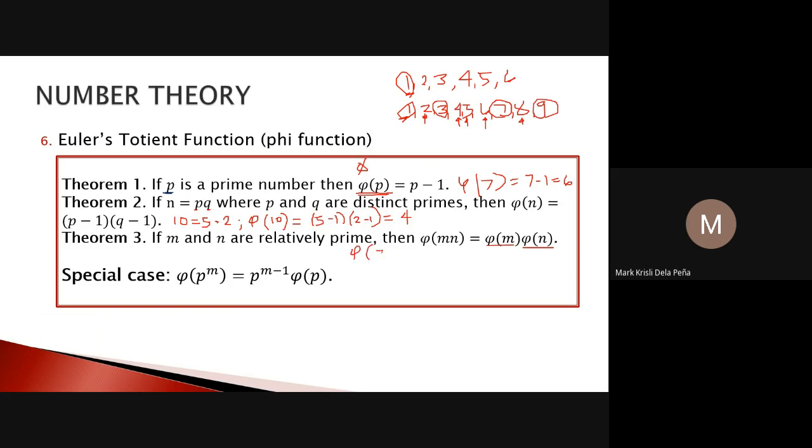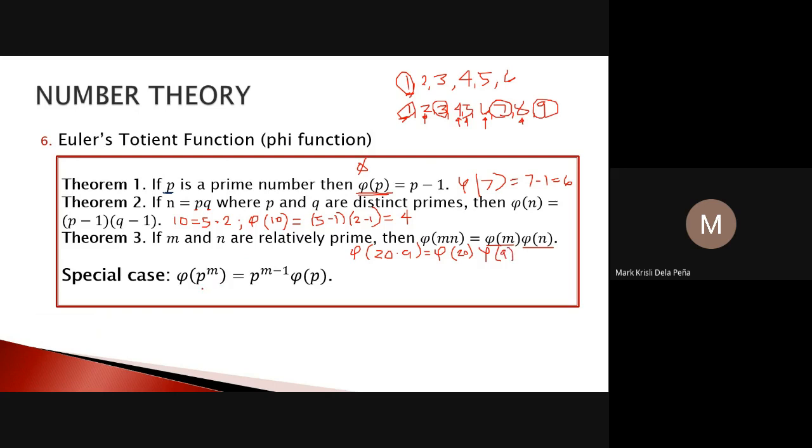So we'll get the phi function of 20 and the phi function of 9. However, we have a special case here.